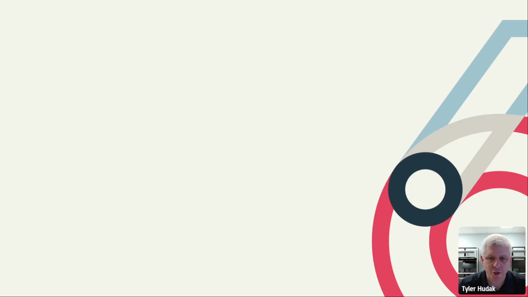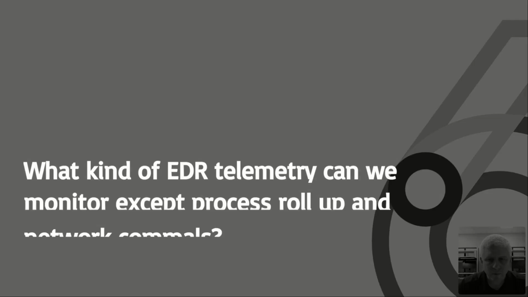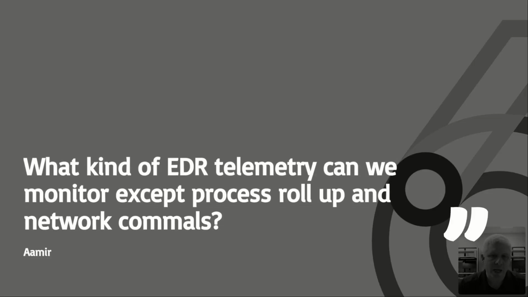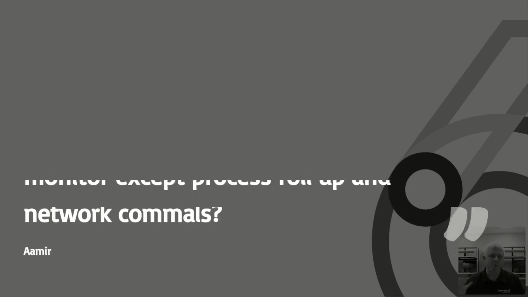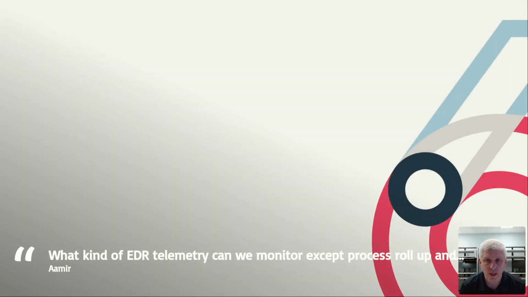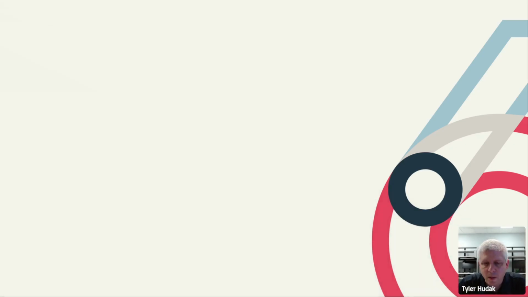All right, I think we have time for two more questions. What kind of EDR telemetry can we monitor except process rollup and network commands? I assume, Amir, you mean for monitoring for Quick Assist. So the process and network communications are going to be the biggest ones that you are going to look for within EDR telemetry.